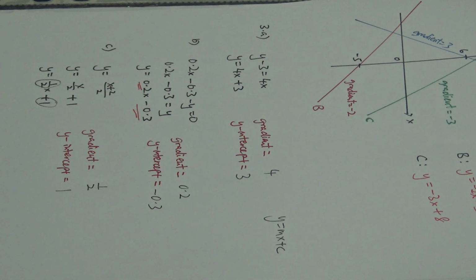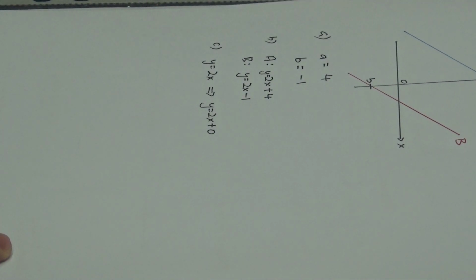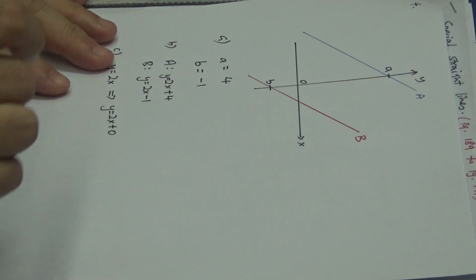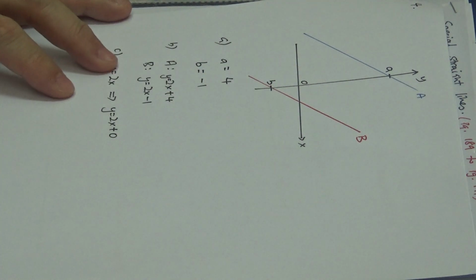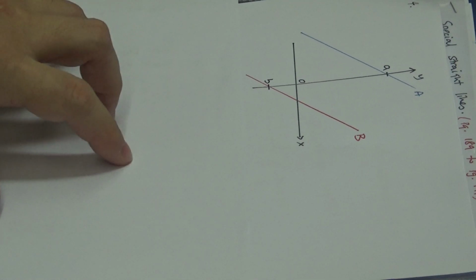Okay? Now for question number 4, I will need you to draw the diagram. Just a sketch on the foolscap paper will do. Now this is the diagram that you must draw for question 4 before we start the question.